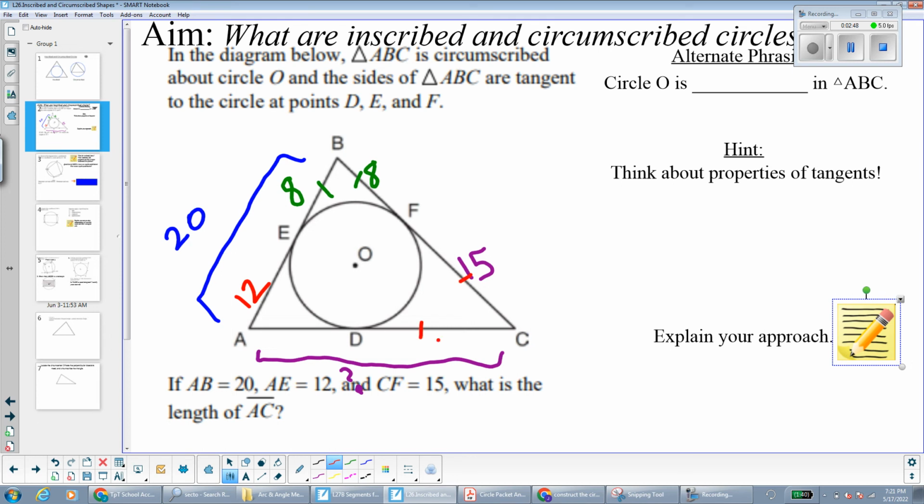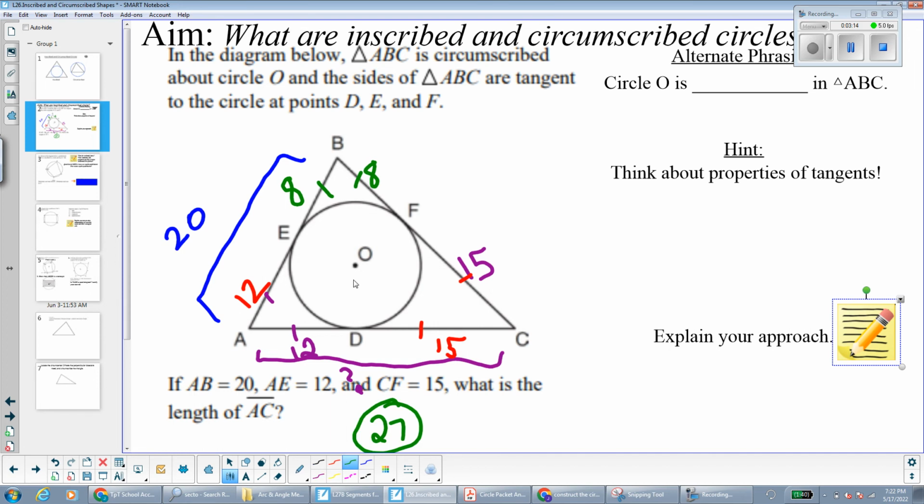If you said 15, you are correct. And if we know that AE is 12, what's AD? Well, if you said 12, you are correct. Once again, two tangents to a circle from the same external point are congruent. So we have the length of AC is 27 units.